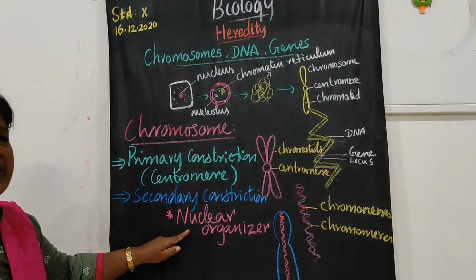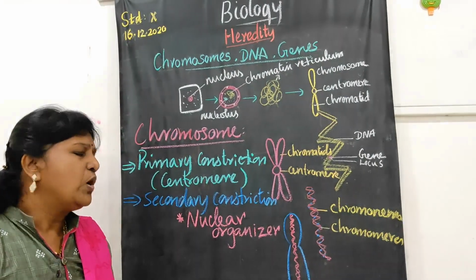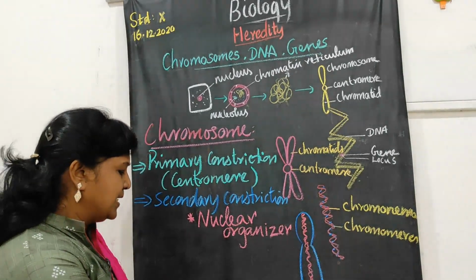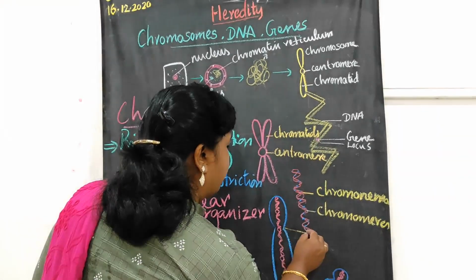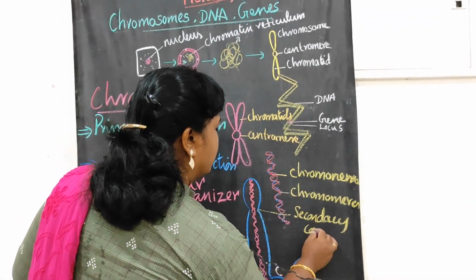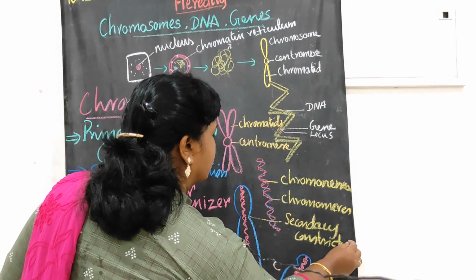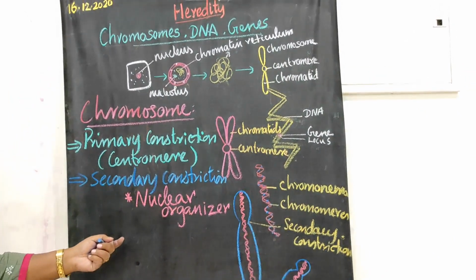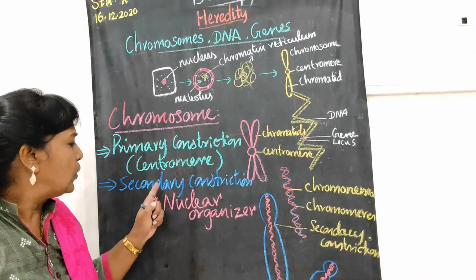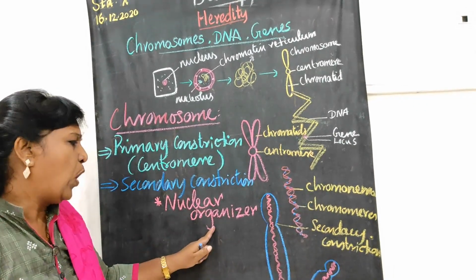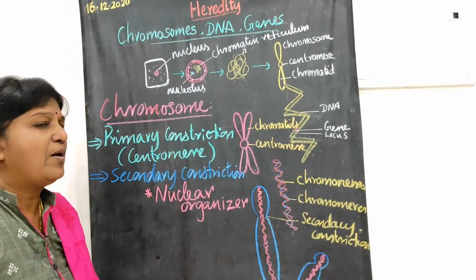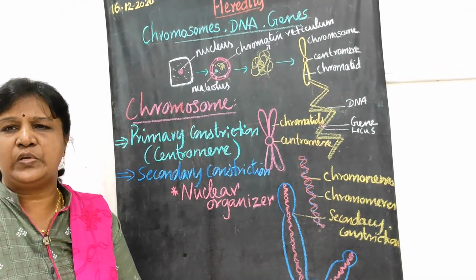So nuclear organizer means it's responsible for the formation of nucleolus in the nucleus. So this is secondary constriction. Some chromosomes possess secondary constriction at any point, and they are said to be nuclear organizer. What do you mean by nuclear organizer? It's responsible for the formation of nucleolus in the nucleus.